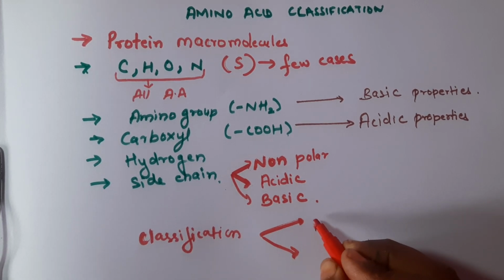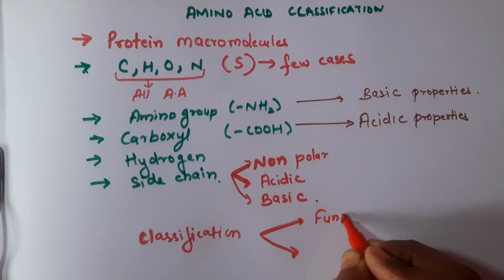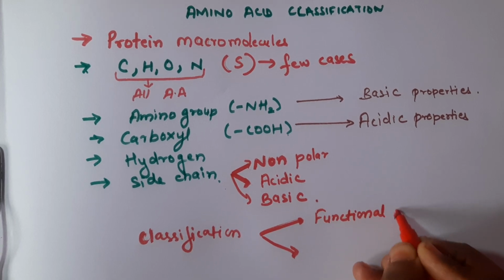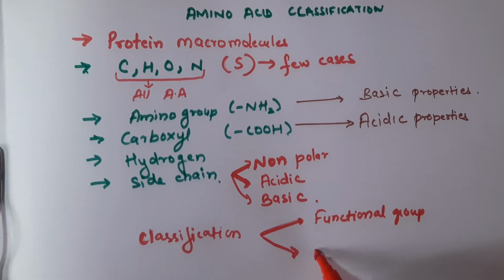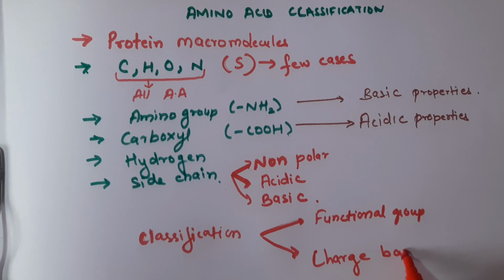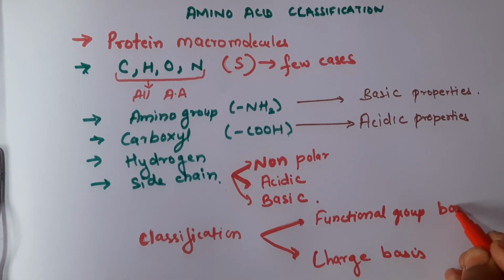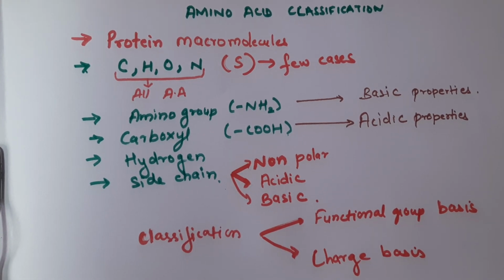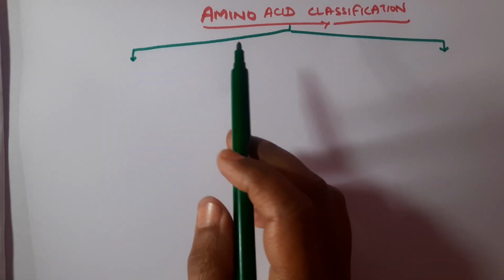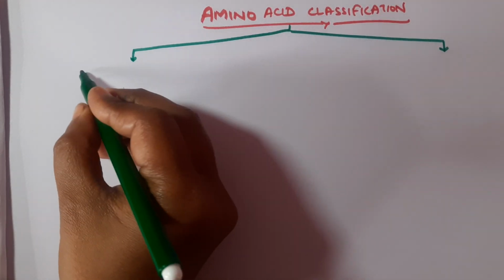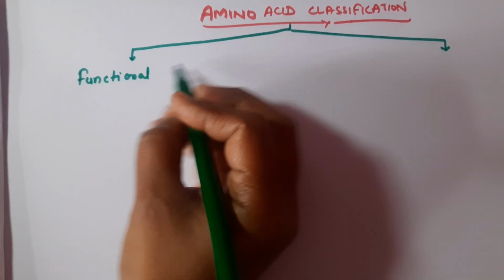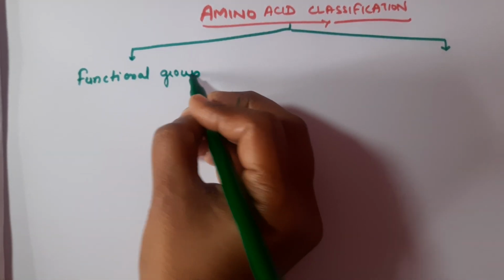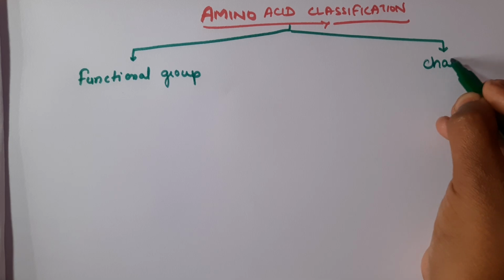The first is on the basis of the functional group, and the second classification is based on the basis of charge. Clear? So we are going to now study their classification according to their functional group, and on the basis of charge.